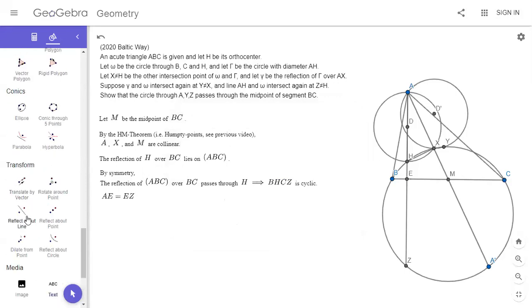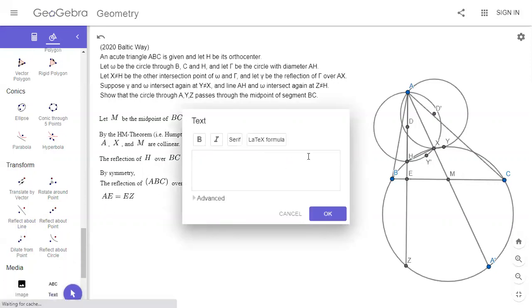I reflect Y across AX. There's a lot of reflecting in this problem. I kind of like it. So the reflection Y prime of Y over AX lies on, what's the circle with diameter AH? Capital gamma.